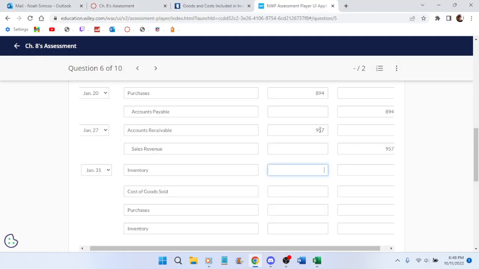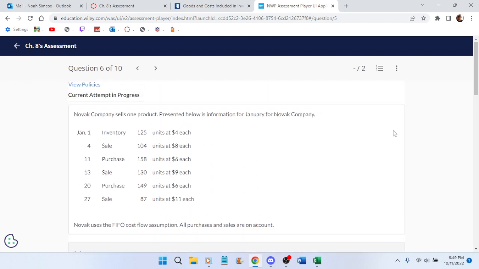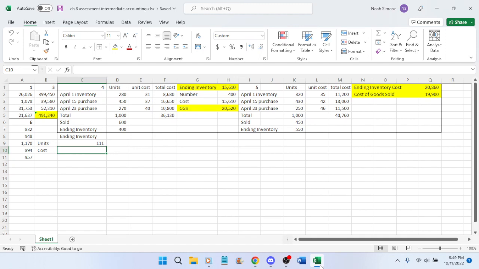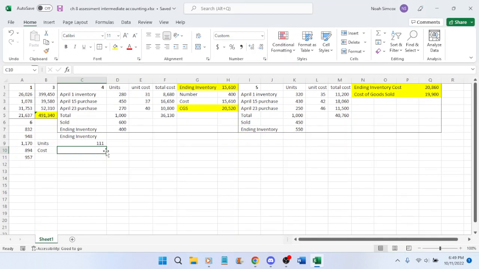This is LIFO. No, it's FIFO. Therefore, start at the end. Since we have a total of 111 units, you look at only the purchases, and you do 111 times 6.